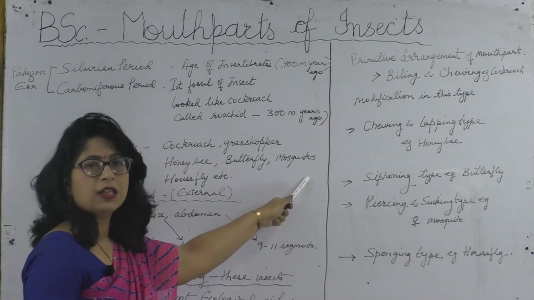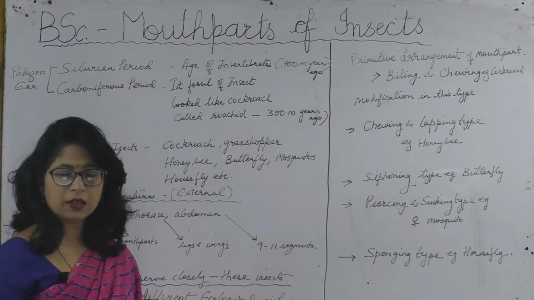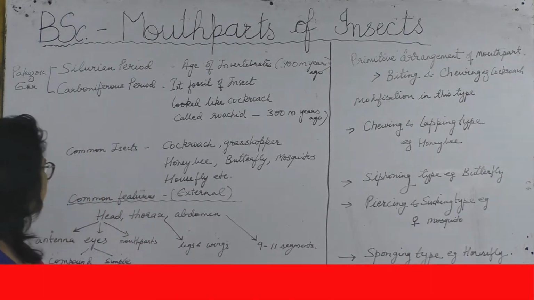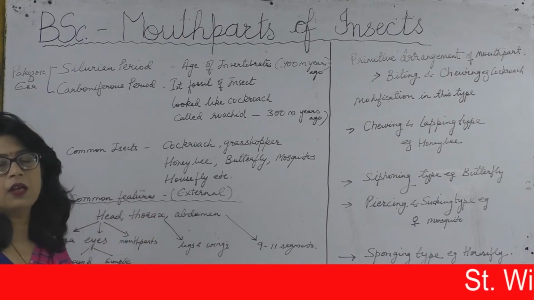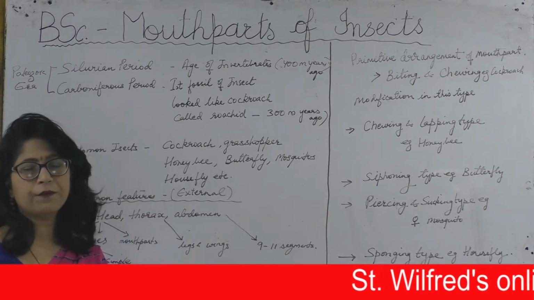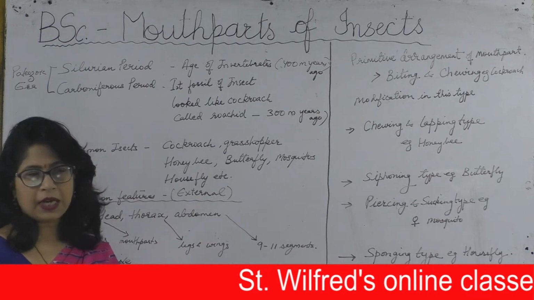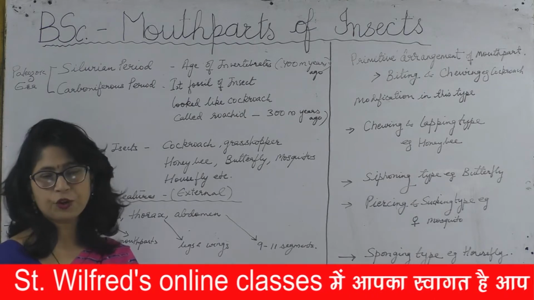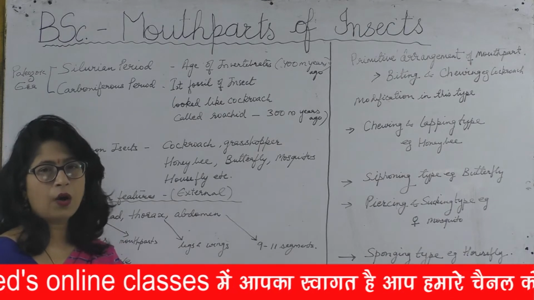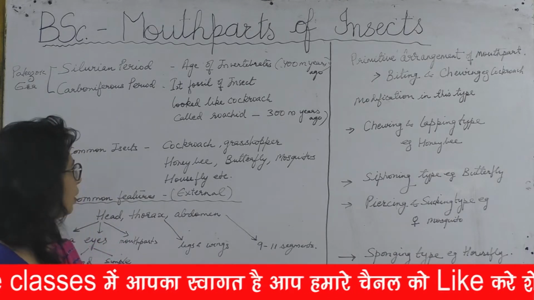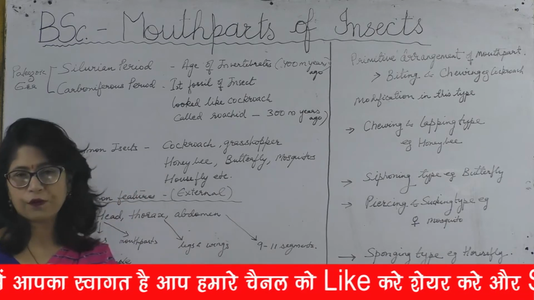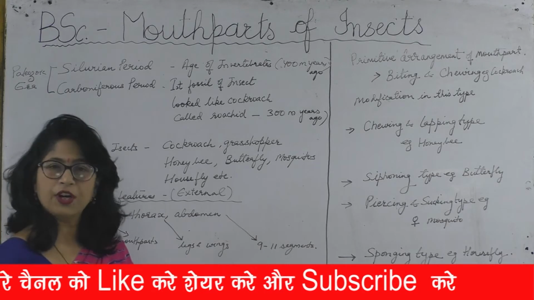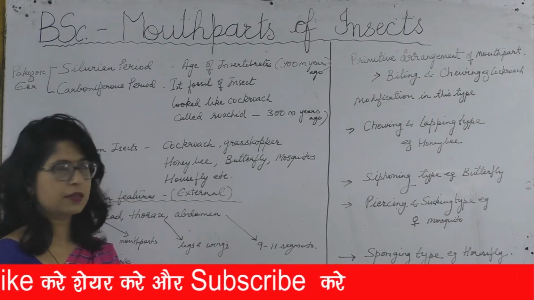The female mosquito sucks the blood of other hosts. The housefly absorbs the solid food that we find around us. It may be fruits, vegetables, or other decaying organic matter. So, depending upon the different types of feeding habits, all these insects have modifications in their mouth parts.